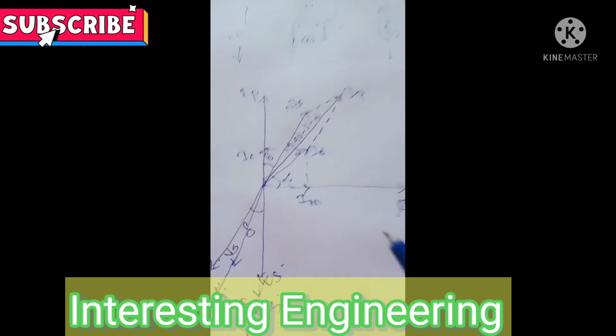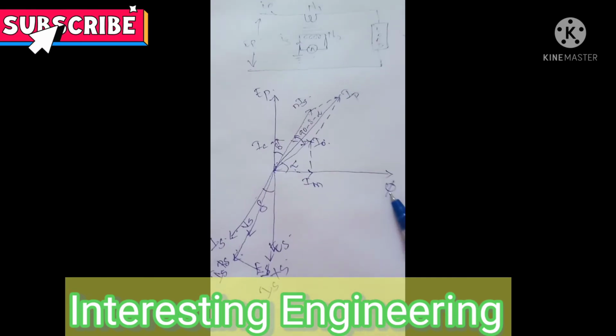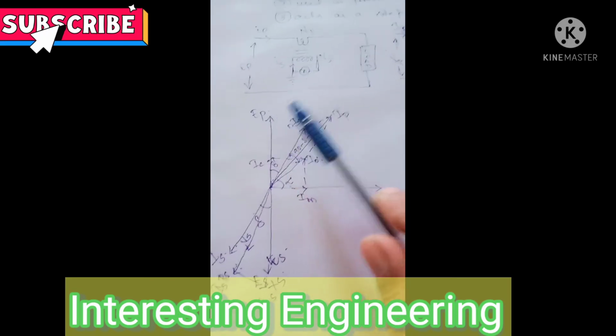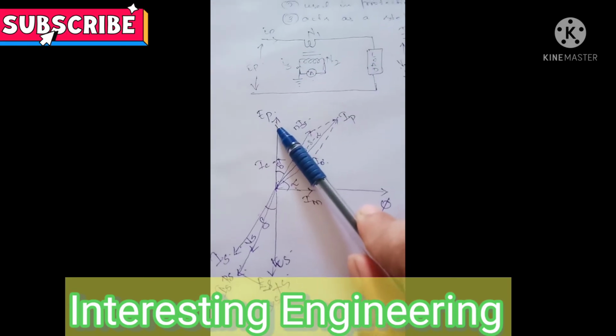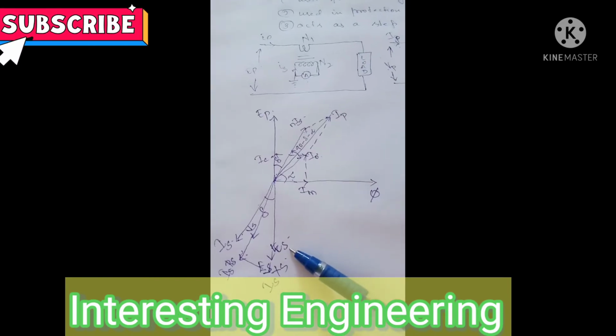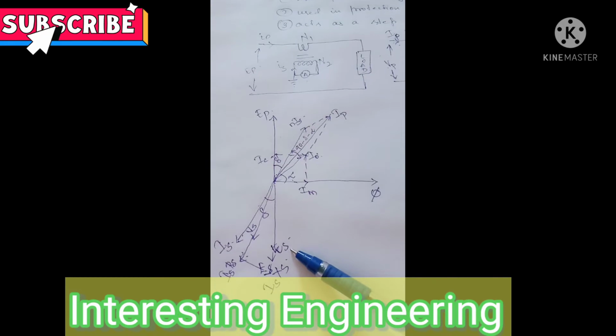So could you all understand this? The first thing, we have flux. Due to this flux we have EMF EP, and due to this EMF EP there develops a potential in the secondary denoted by ES, and this will be 180 degrees out of phase.